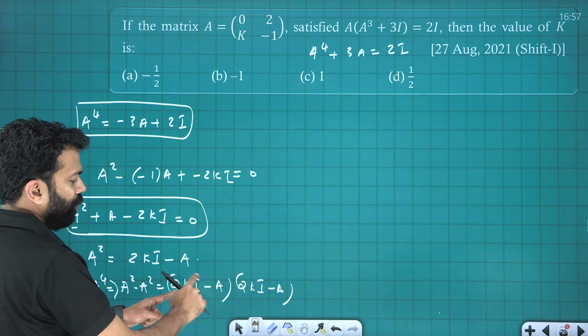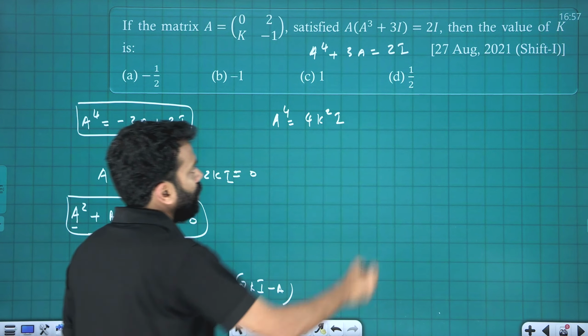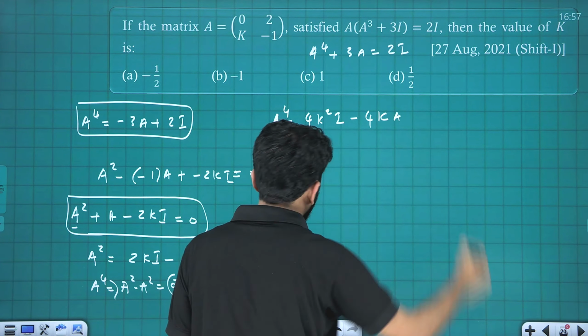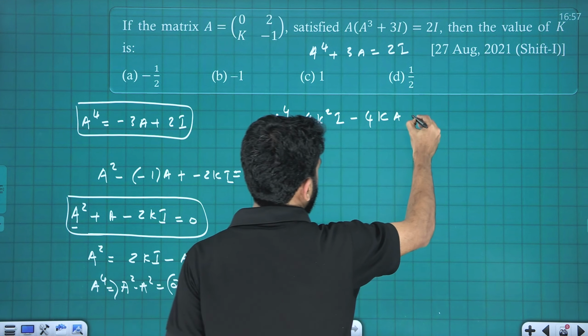I into I is I square, that is I. So A raised to 4 is equal to 4k square I minus 2k minus 2k, that is minus 4k A, and plus A square.